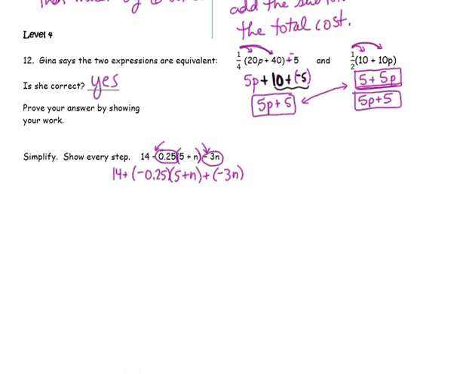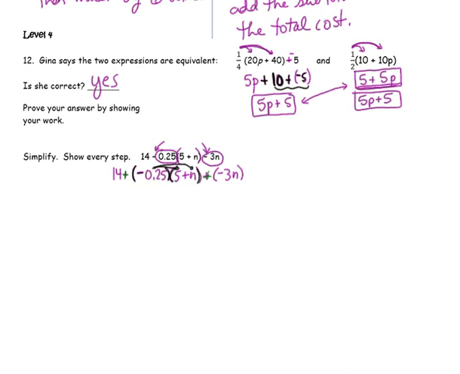According to the order of operations, I need to do this multiplication before I can do this adding and this adding. So my next step is to distribute the 0.25 to both of those terms.